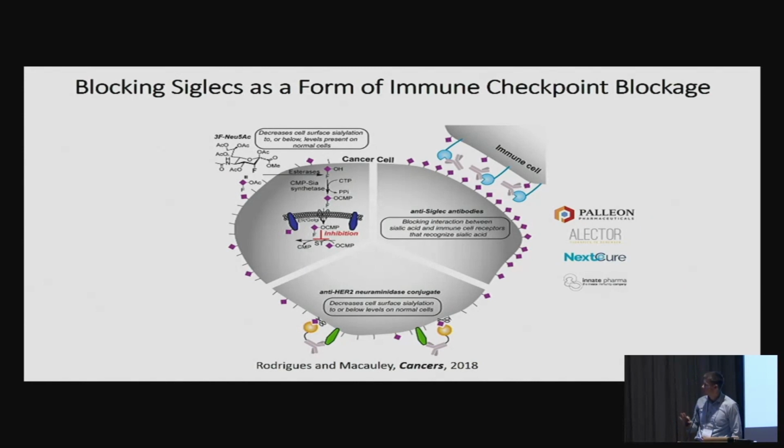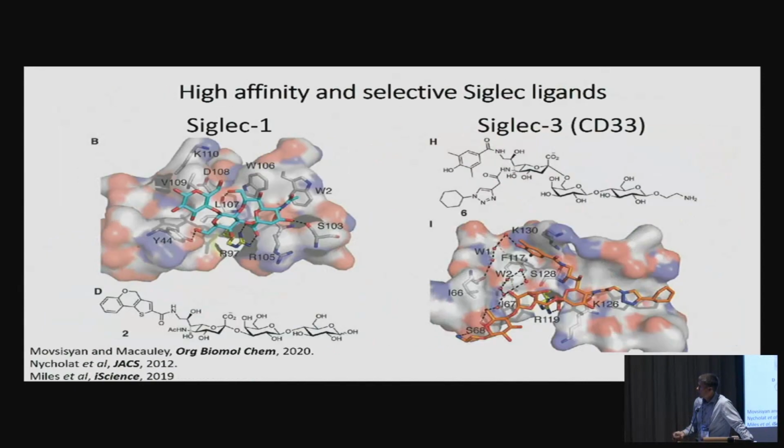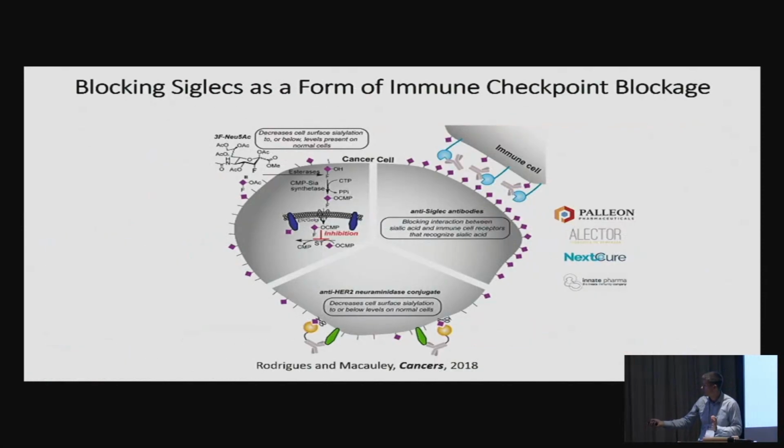The most advanced of which is Palleon's technology of using neuraminidase to rip sialic acid off the cell surface. And that's in cancer, where removing siglec ligands is going to increase an immune response.